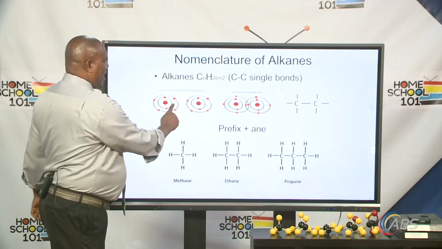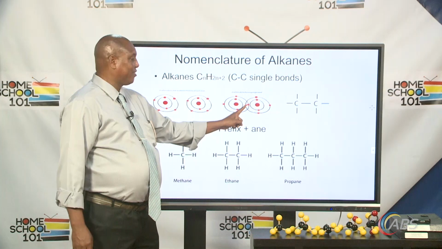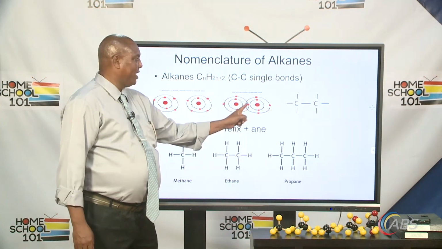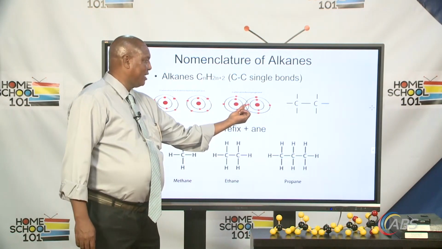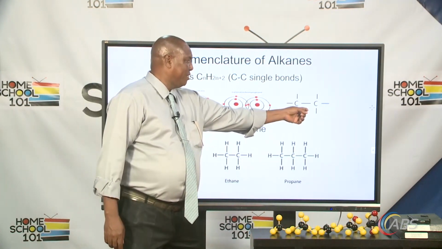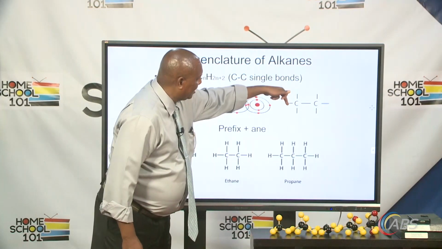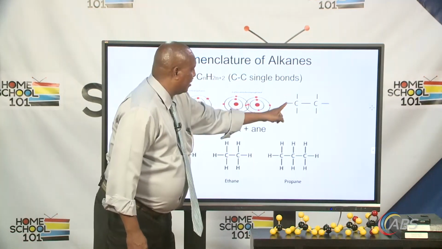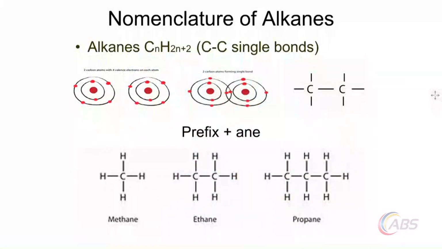So if you have 2 carbon atoms, those 2 can share a pair of electrons in order to form a carbon-carbon single bond. This is how we depict it, a carbon-carbon single bond. Notice that we have these 3 sticks there, and those represent the 3 extra electrons around each carbon.